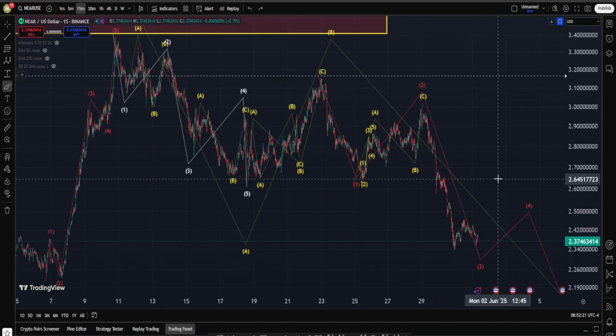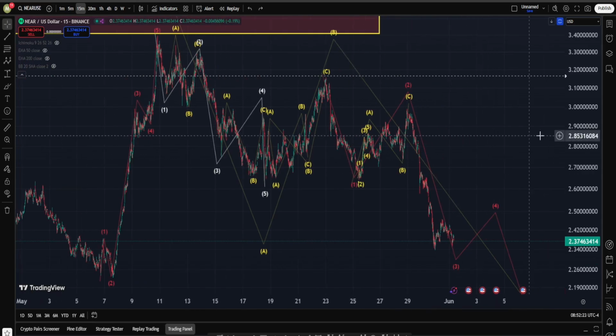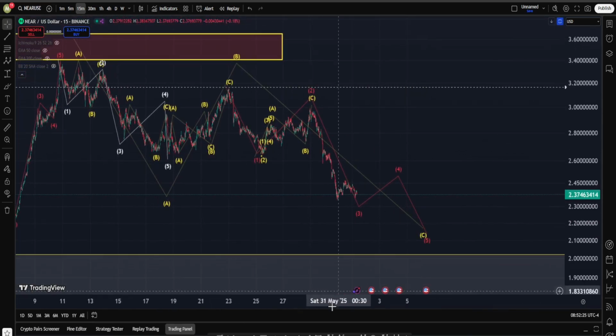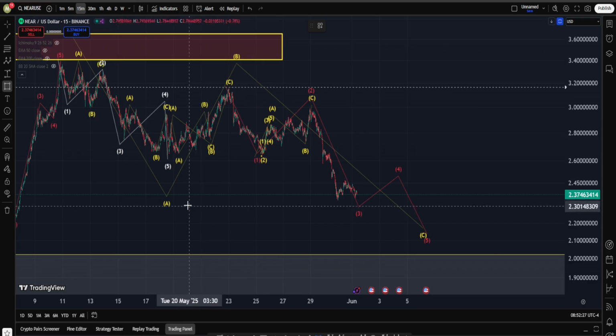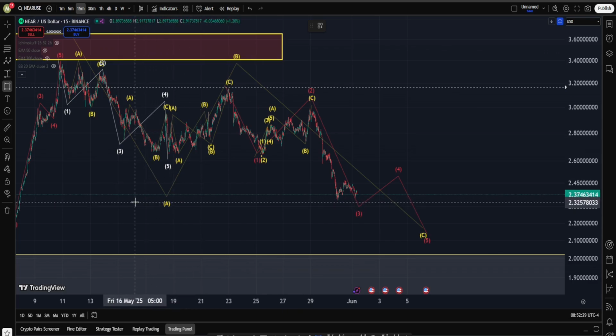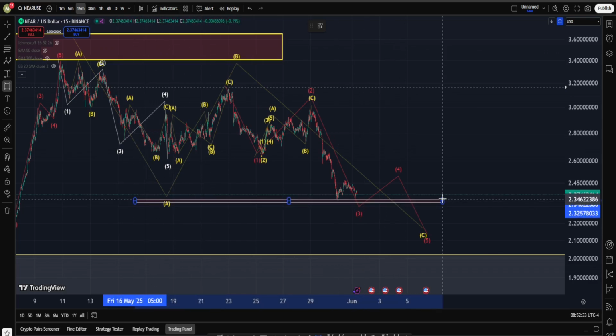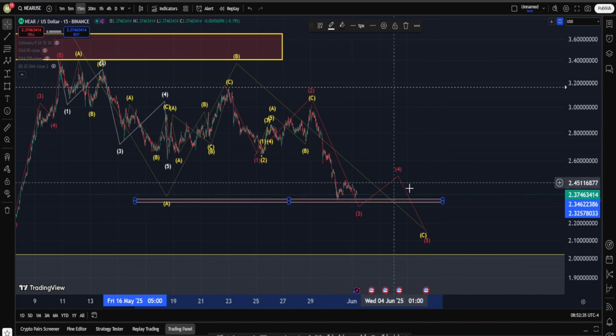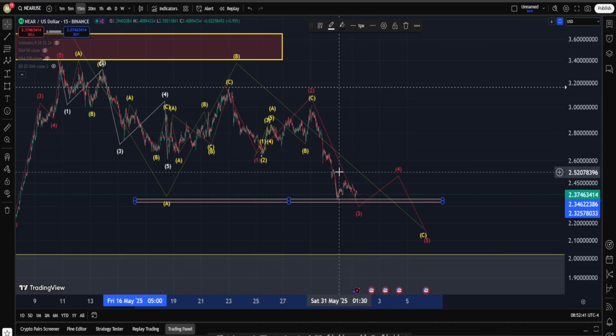Well, in terms of classic technical analysis, meaning support and resistances, there is a decent support somewhere around the current area, about the $2.3 region, and this is kind of why right in here we are getting some sort of a reaction. However, based on the subwaves in here, I'm thinking we may see Near Protocol in the short term getting a break of this level.